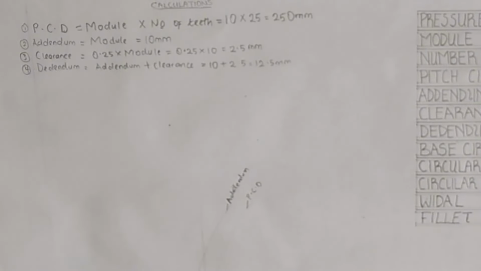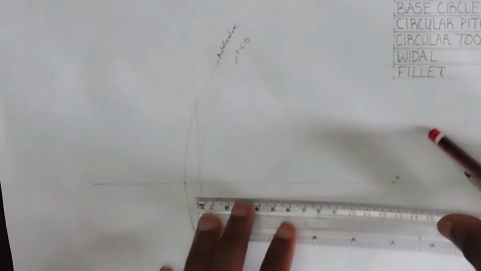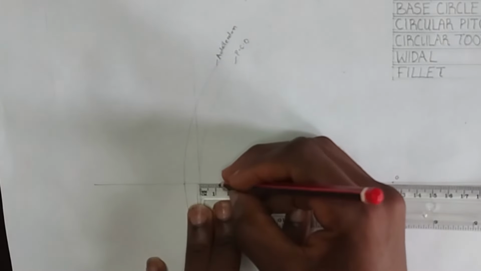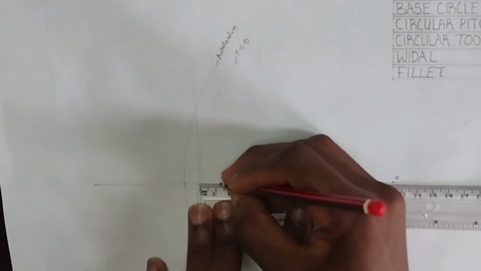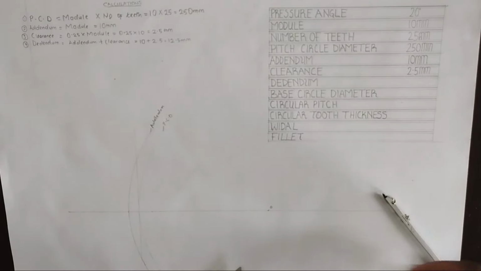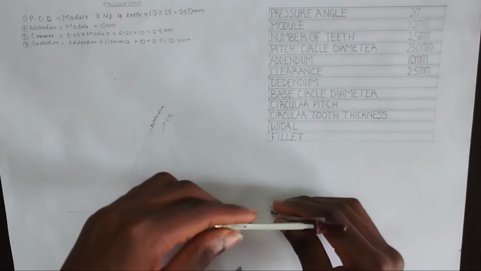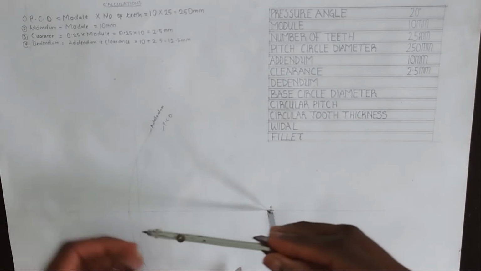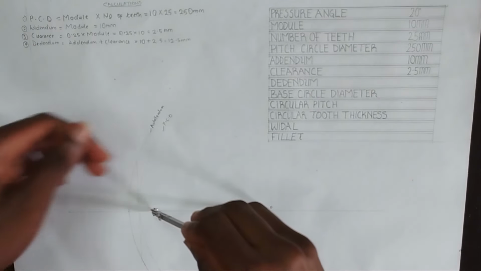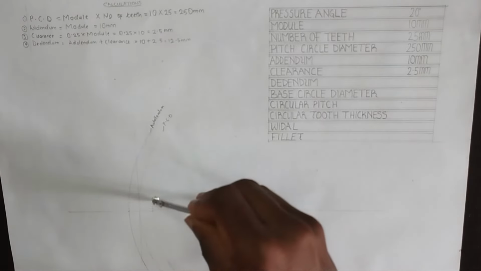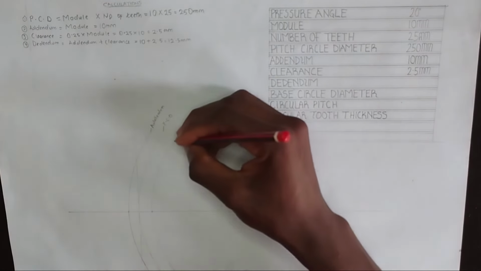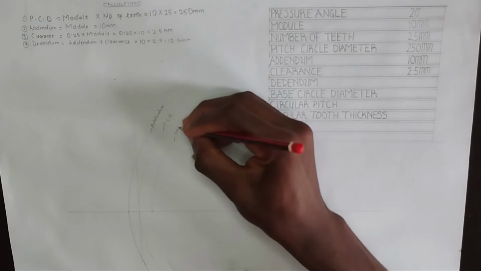That is our dedendum, 12.5 millimeter. Then measure 12.5 millimeter from this pitch circle diameter. 12.5 is going to be right here. Then from point O, I would extend my compass to this point, then draw an arc. Okay, so this is our dedendum.